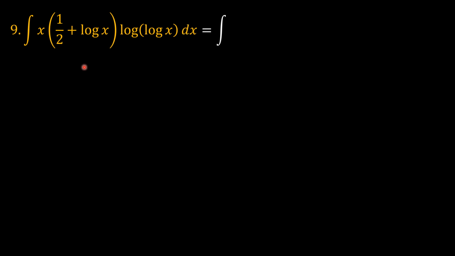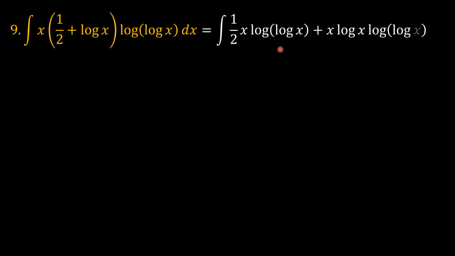On to problem number 9. The definite integral of x times half plus natural logarithm of x times the natural logarithm of natural logarithm of x. The first thing I'll do is just multiply things out so that I have a feel of where things are. And I can quickly deduce that there is a pattern.